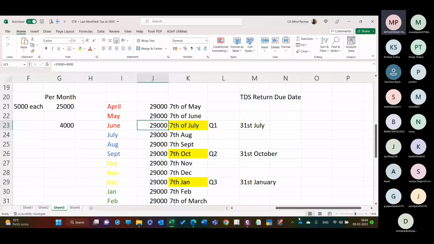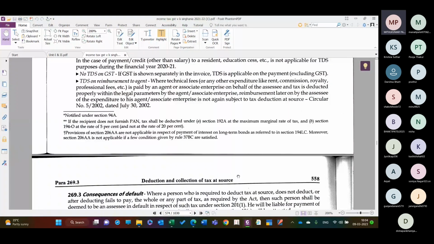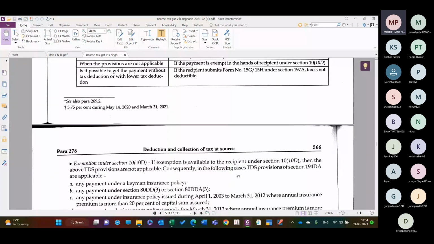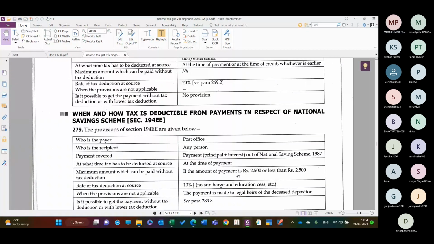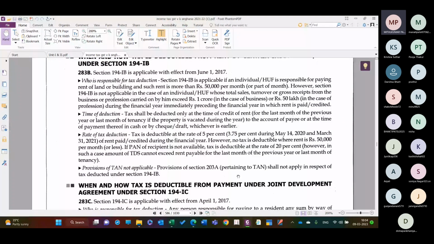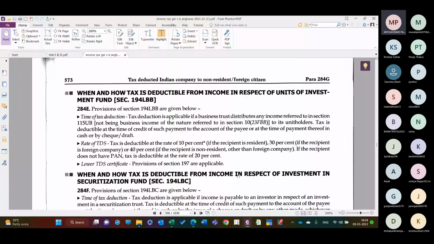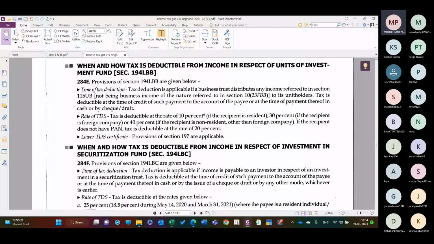Not only that, once you file the TDS returns, within the due date of 15 days of filing the TDS return, you have to issue a certificate to the persons from whom the deductor has deducted the TDS. तो deductor ने जिसका भी TDS काटा है, right? उसको TDS certificate भी देना है.